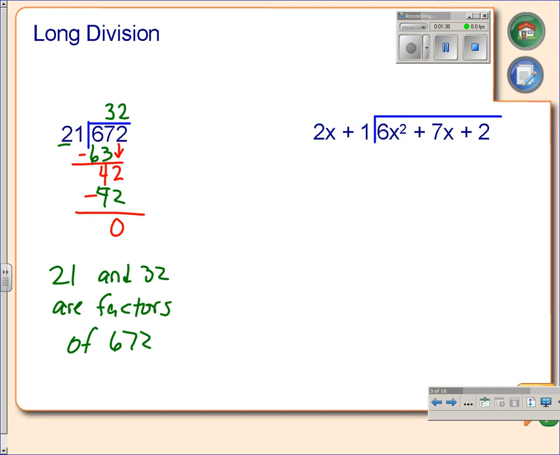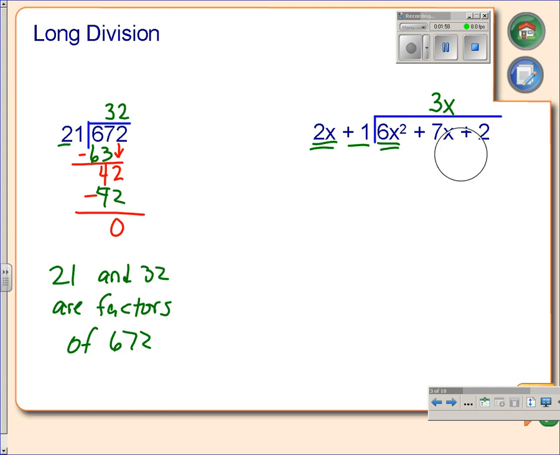So we've got 2x plus 1 dividing into 6x squared plus 7x plus 2. We want to see how many times 2x goes into 6x squared. And 2x divides into 6x squared 3x times. So I put it over the 7x because there were 2 terms here, so I come over 2 terms, put the answer above the 7x.